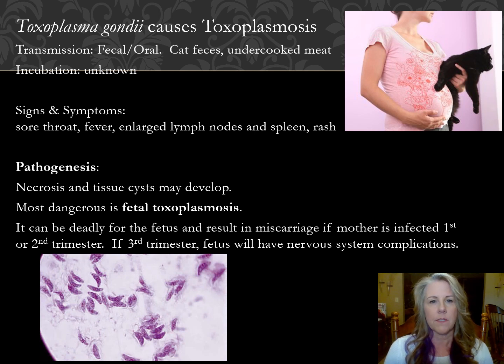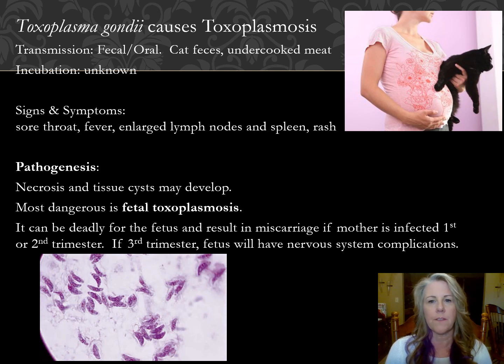Signs and symptoms. When Toxoplasma gondii infects humans, we will have sore throat, fever, enlarged lymph nodes, and enlarged spleen, sometimes a rash on the surface of the skin. Pathogenesis. What we do see is that this organism will cause necrosis. If necrosis is a new term for you, that just means cell death, tissue death.